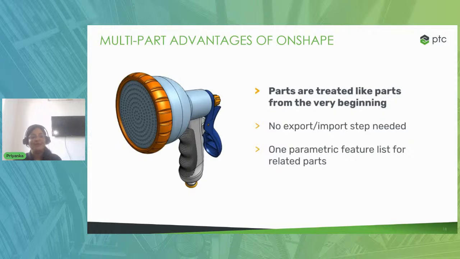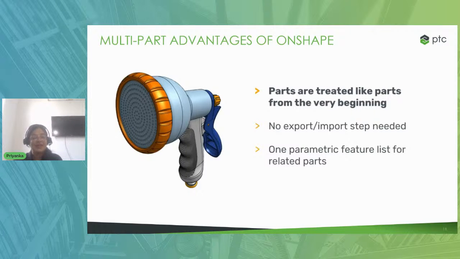But now when you work on parts, you are simply deleting that step of having different part files, and you need not have exports, and especially you assign the metadata right away when you insert them into the assembly. Or in your drawings, I know it's a bit out of context when we talk about assemblies or drawings, but in terms of data management, there are no import and export steps needed.